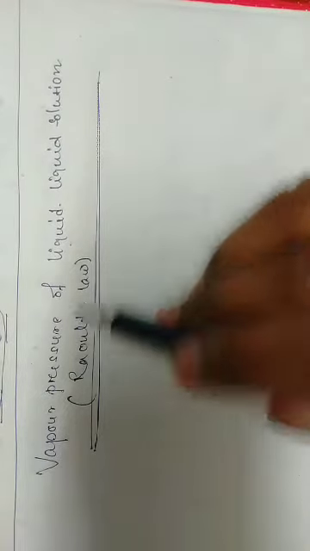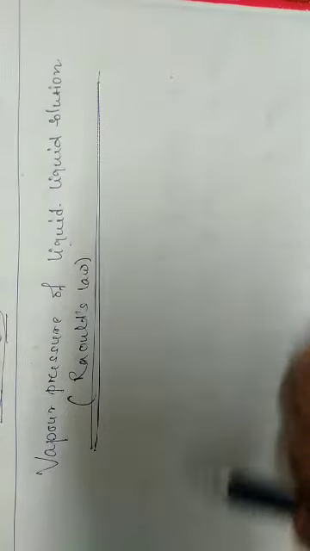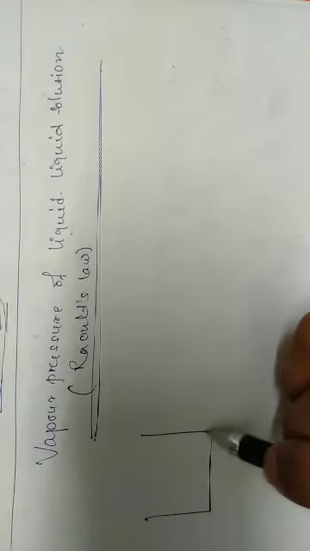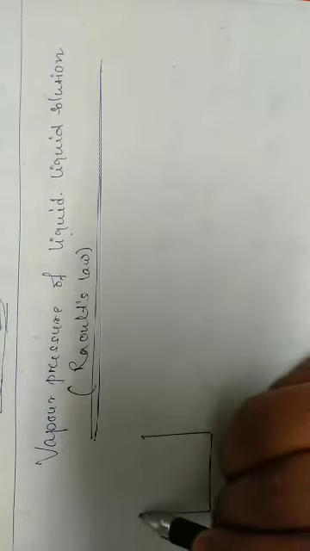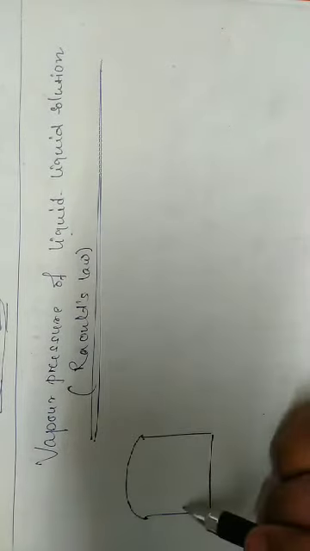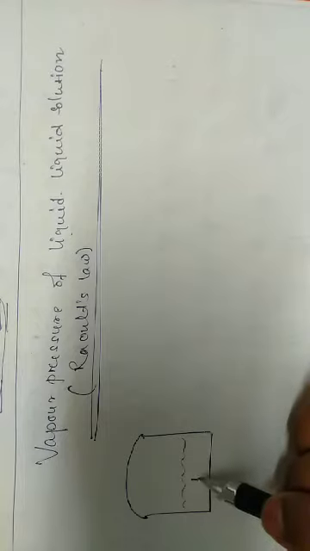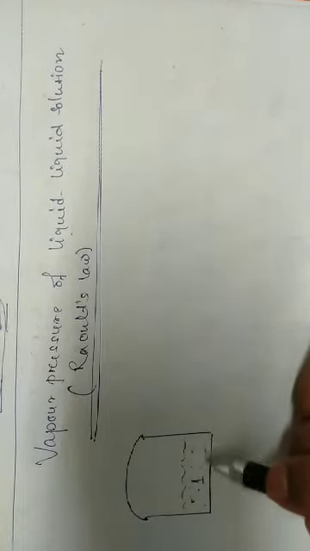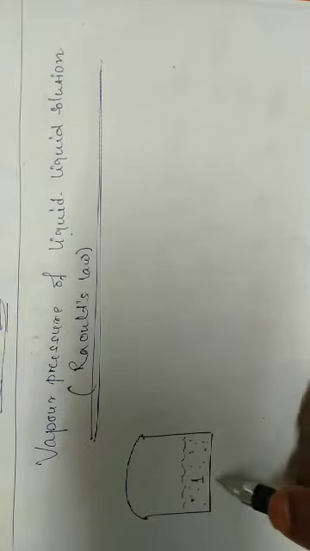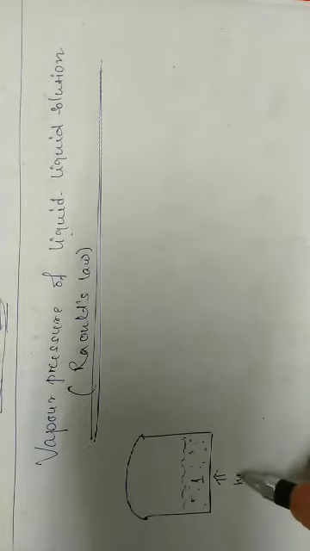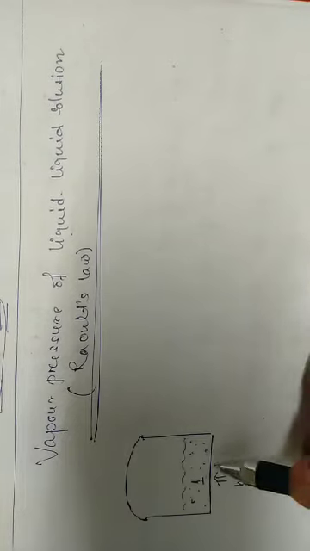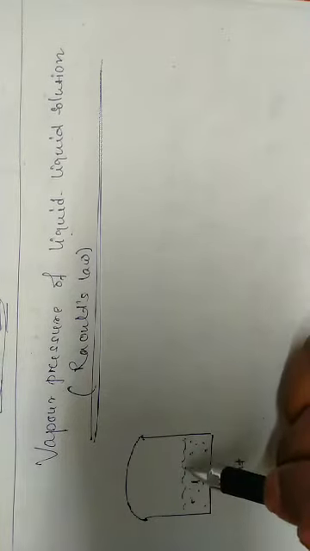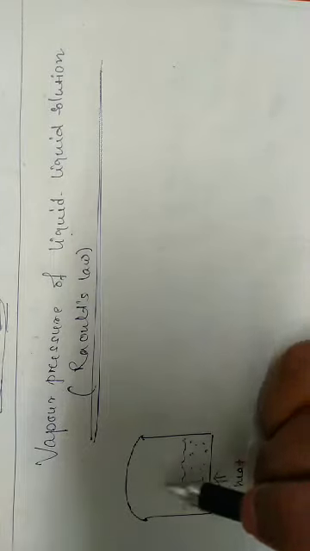To explain this law, let us consider a volatile liquid component 1 in a container. Suppose heat is supplied to this container. Then molecules of the liquid vaporize from the surface of the liquid.